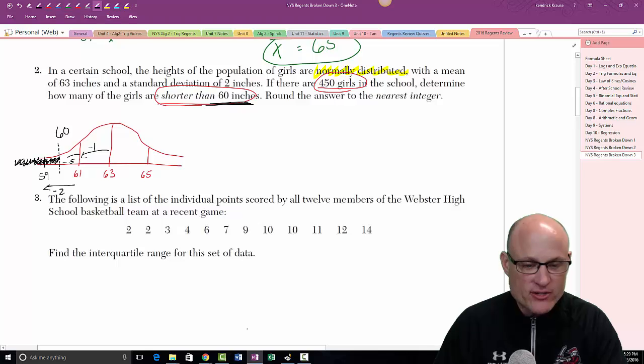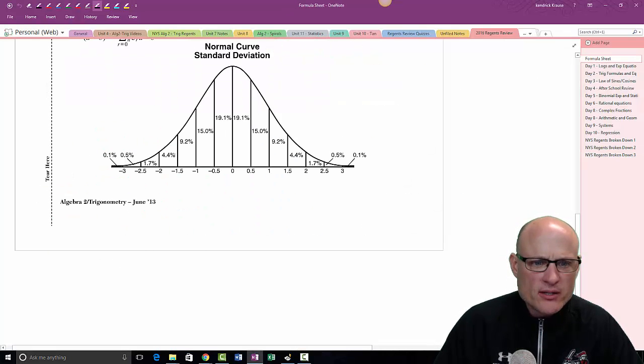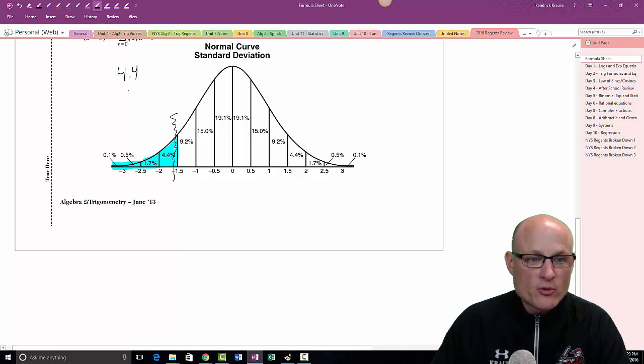Now you got to be careful on this chart. I want to go down 1.5 standard deviations. So what I'm talking about is all of this. Well, if I add all that up, that's 4.4 and 1.7 and 0.5 and 0.1.